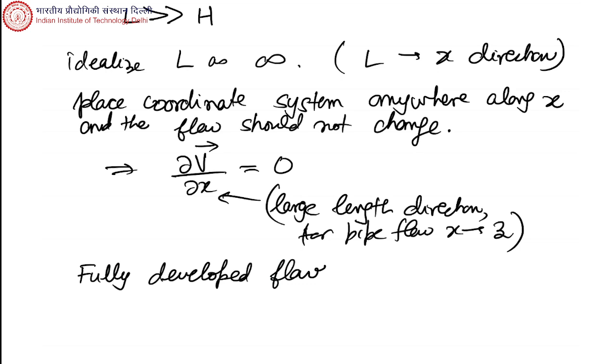But in most of the regions, this will be valid, and that is why you say fully developed. You can also think of it as analogous to time for a steady flow. When a flow starts, it is unsteady, but it sets up and then with time it does not change. The same thing is happening in the very long direction. At the entry, maybe it takes time to adjust the profile, but once we have reached some distance, after that the flow does not change along the long direction. This is an idealization which is made, and this is sometimes called the fully developed flow.